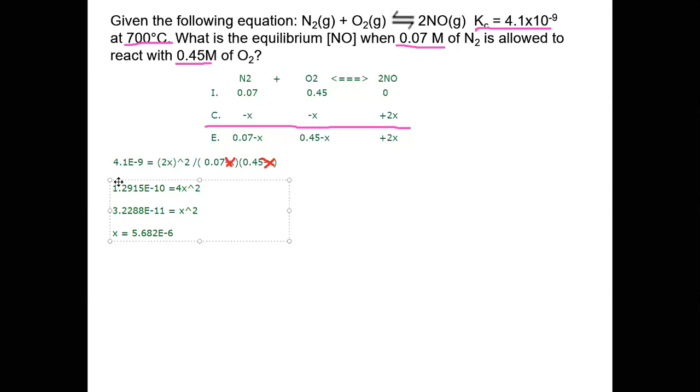So this is what x is. Now to determine the equilibrium concentration of NO, it's just going to be 2 times the x.